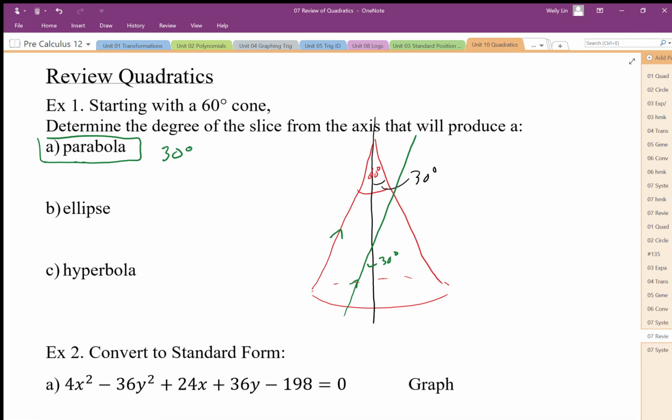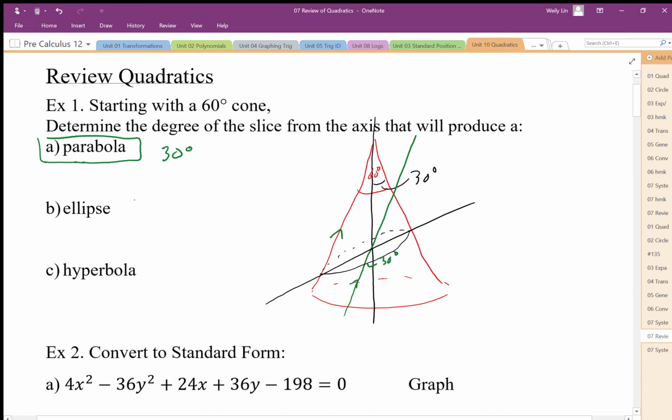As I increase the slice in this direction, so make the angle of the slice bigger, it will form an ellipse. So anything greater than 30 degrees, I'm going to do this in black. Any slice like that is going to form an ellipse.